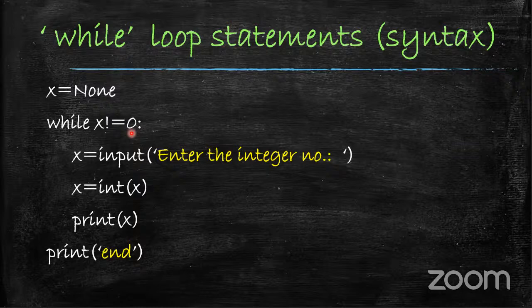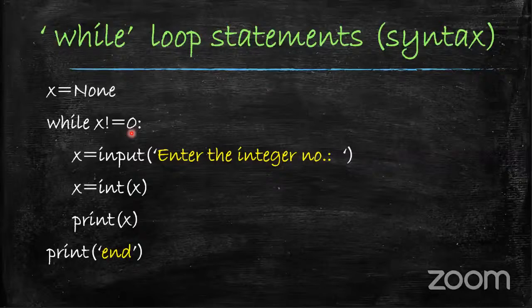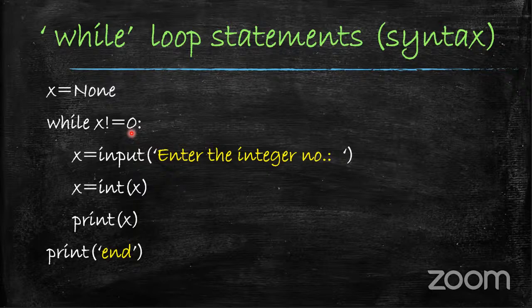Now tell me which statement is not a part of the loop. The print end. And how did you come to know that print end is not part of the loop? It's not indented. So x = input, x = int, and print x: all these three statements are indented by the same amount, so they are part of the same block.